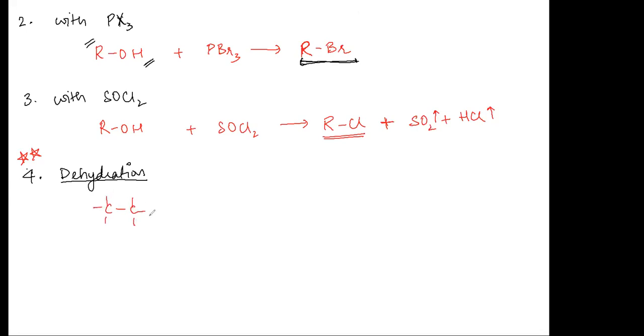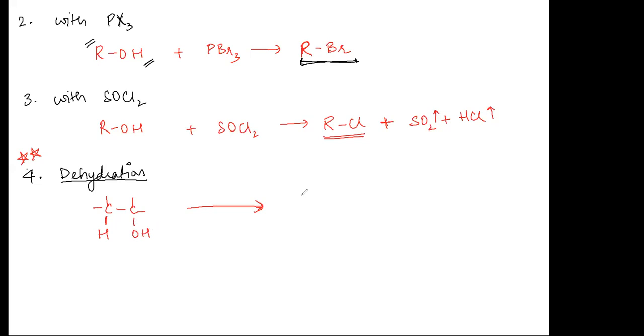यहाँ पे anything can be attached, either R or more carbon atoms or hydrogen, whatever can be attached. But basically this is something you already have. Now, if you remove water from it, what is the final product you get? Water मतलब H2O. So यहाँ से एक ऑक्सीजन और दो हाइड्रोजन को निकालो.